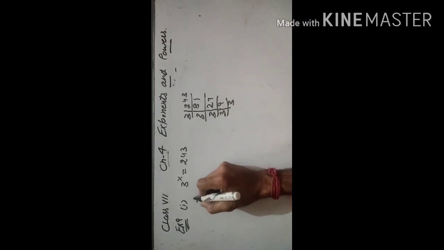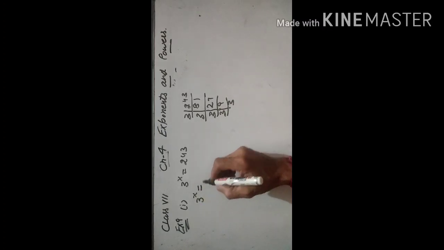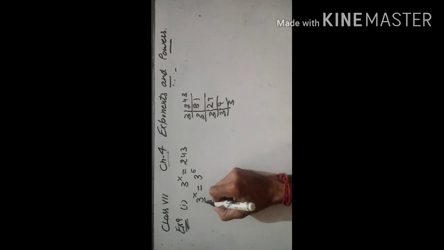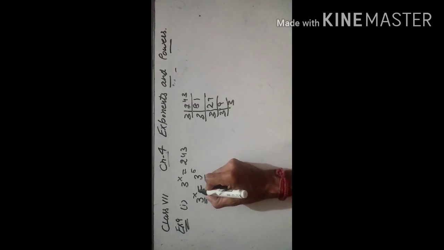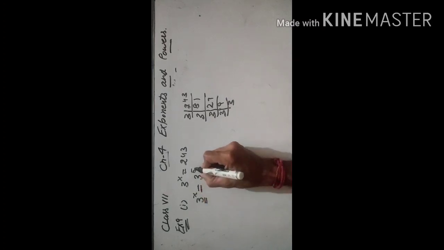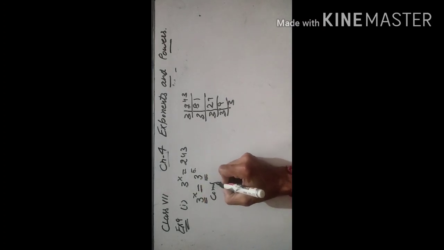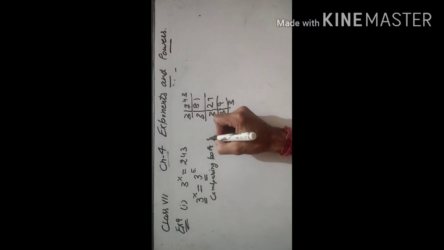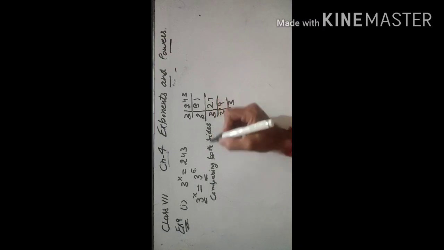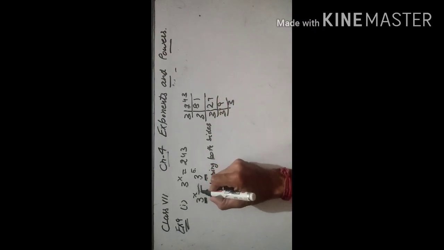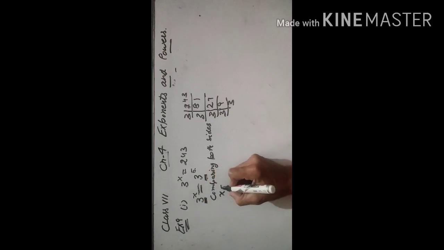That is 3 to the power x is equal to 3 to the power 5. Now base is same, 3 and 3. Equality sign is there. These two are equal only if x is equal to 5. So comparing both sides, base is same, 3 and 3, equality sign is there and x is equal to 5.